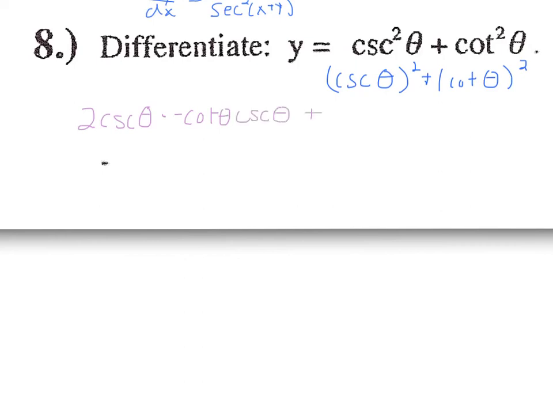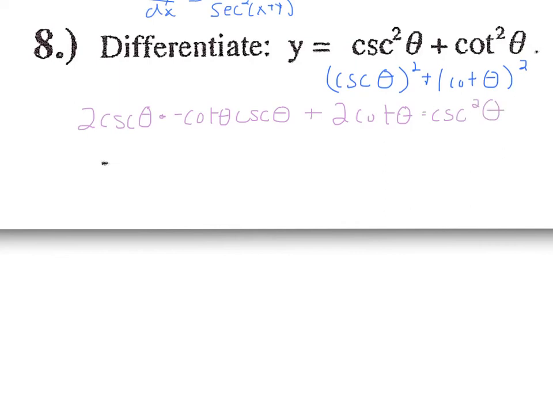And now we need to do the same thing for the next term. So we'll have 2 cotangent theta raised to the first power. And then we'll take the derivative of cotangent theta, which is negative cosecant squared theta.